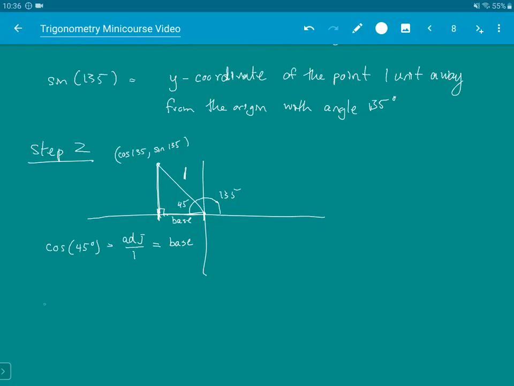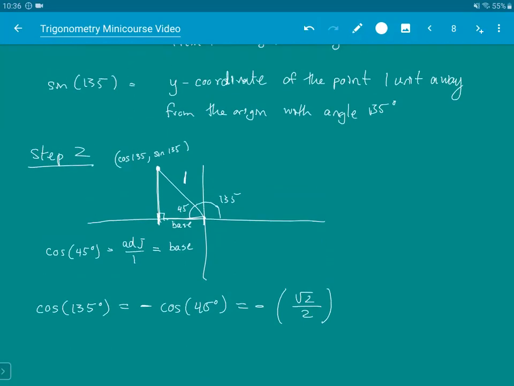So this x-coordinate, which is cosine of 135, is equal to the negative of cosine of 45 degrees. And cosine of 45 degrees, we know, is square root of 2 over 2. So cosine of 135 is equal to negative square root of 2 over 2.